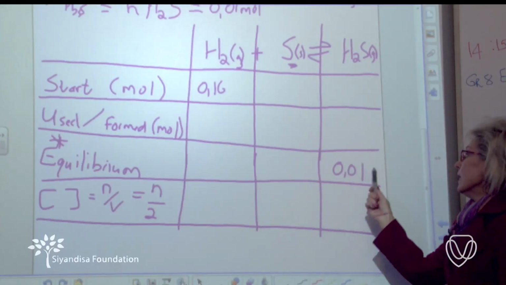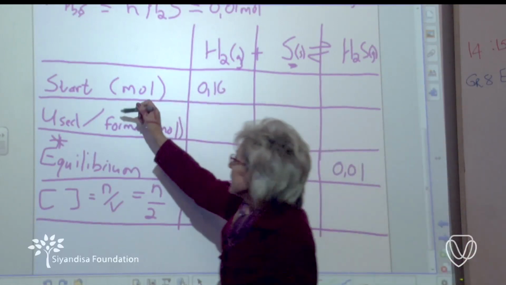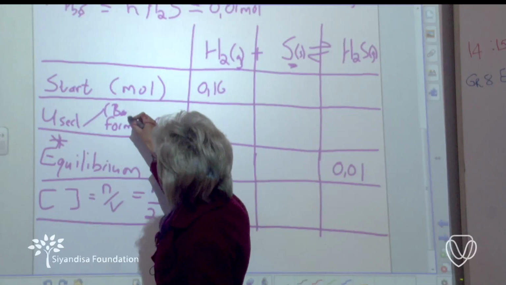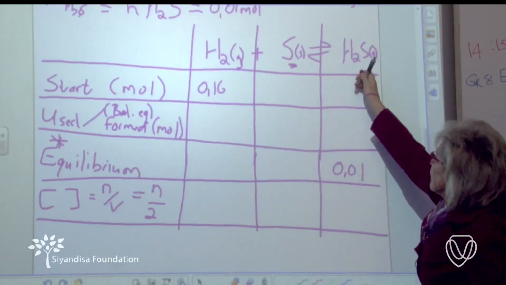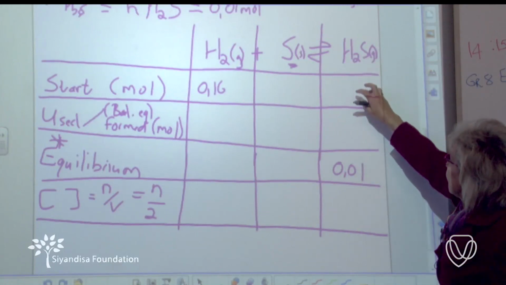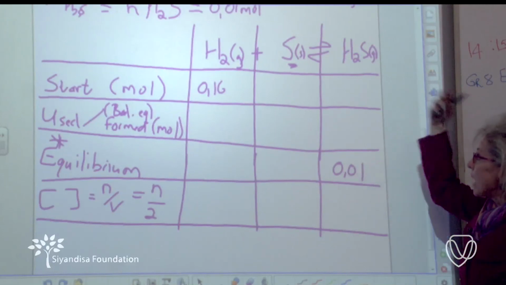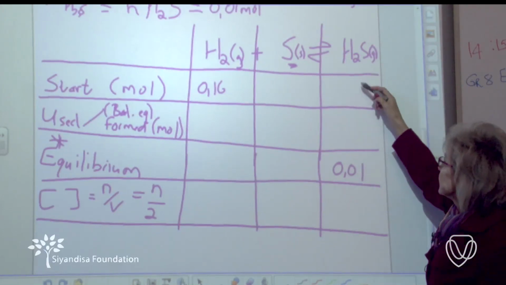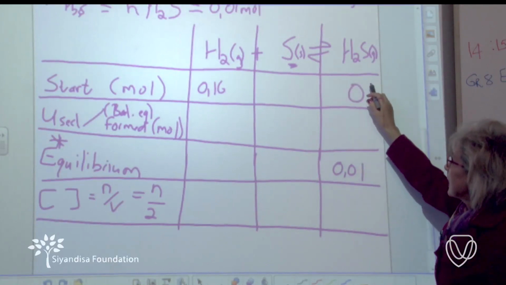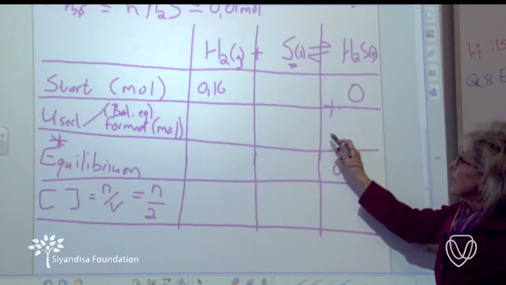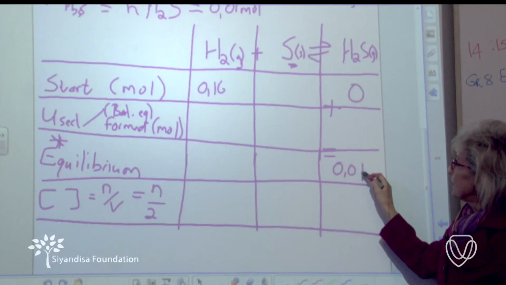Now, this is the row that works with the balanced equation. I know on my product side, this is what gets formed, and this is what I will then have at equilibrium. Now, most of the times, not always, most of the times, you do not start off with product. You've got no product. Then whatever gets formed will give you what is at equilibrium.